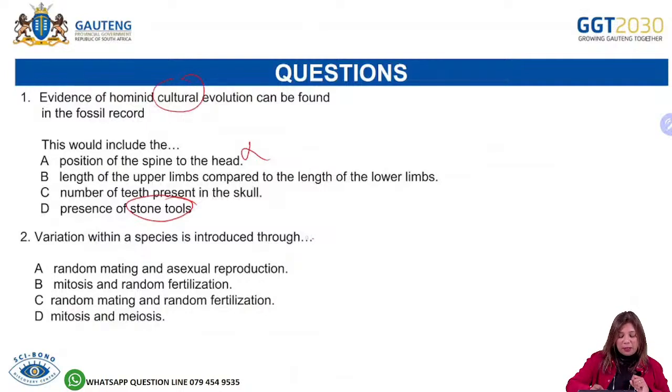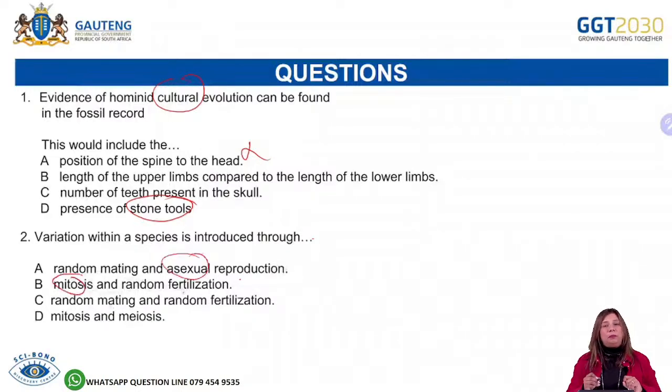Variation within a species: random mating and asexual reproduction. Asexual reproduction produces identical offspring, so it can't be asexual reproduction. Mitosis and random fertilization, it can't be mitosis because mitosis produces identical offspring. Random mating and random fertilization, that is what we just discussed.